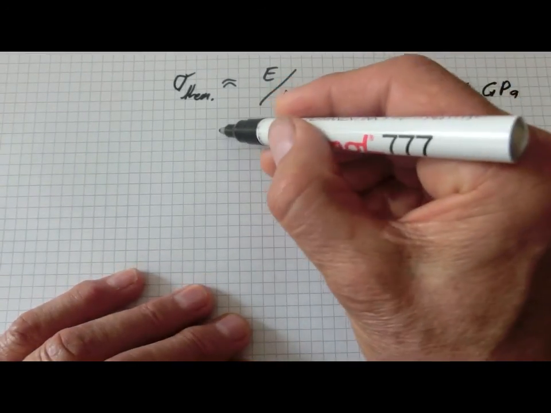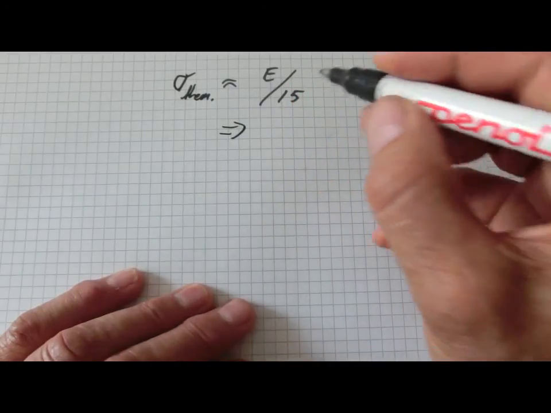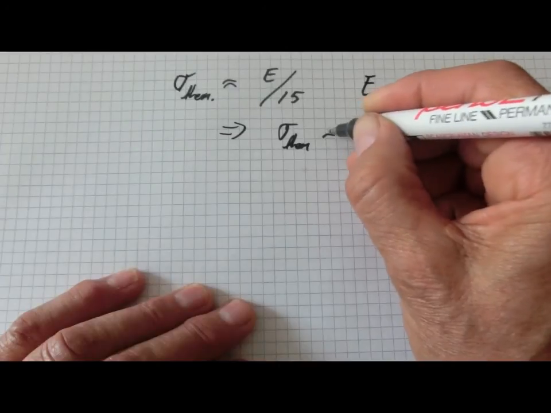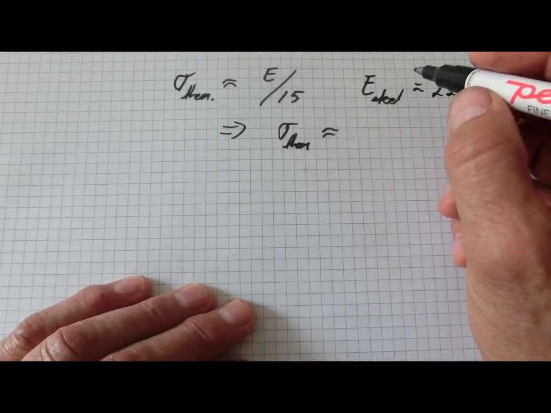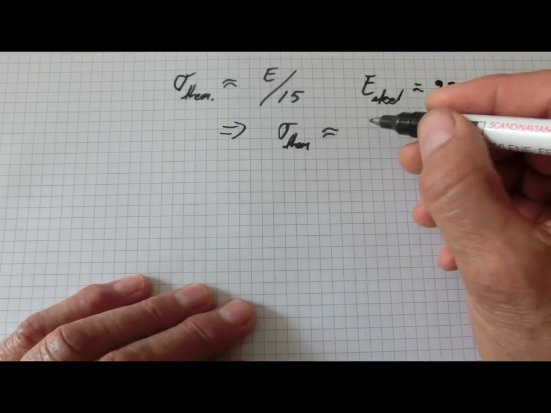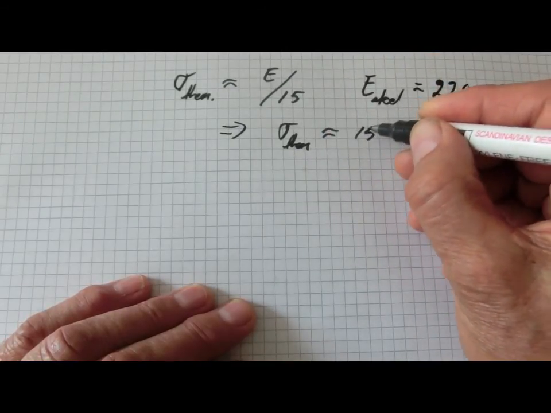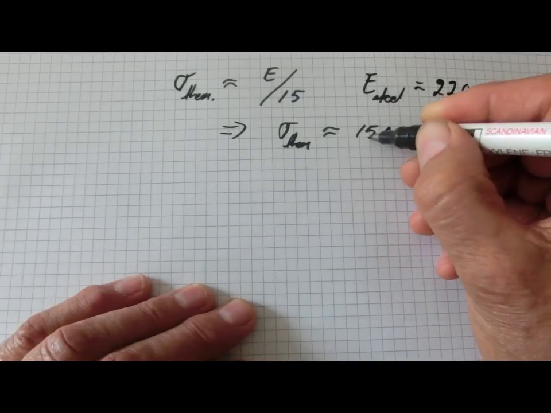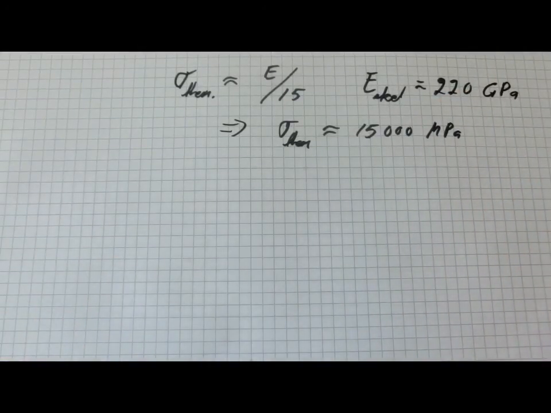That means that the theoretical strength will be about 220 gigapascal divided by 15. That means a value of about 15,000 megapascal. The theoretical strength of steel.